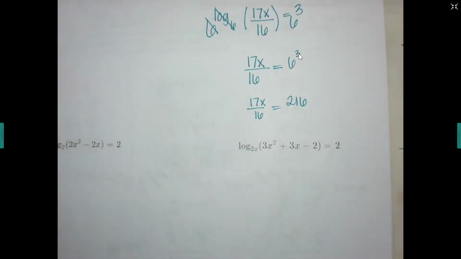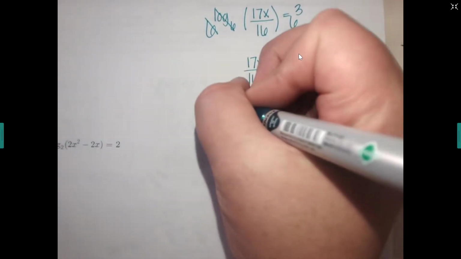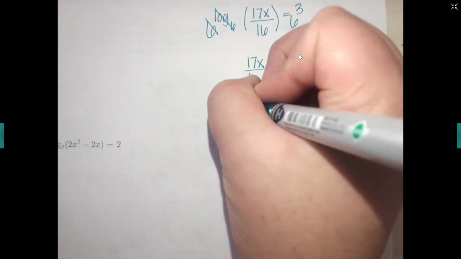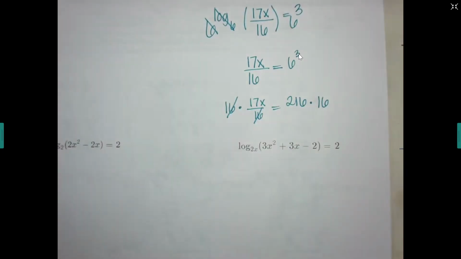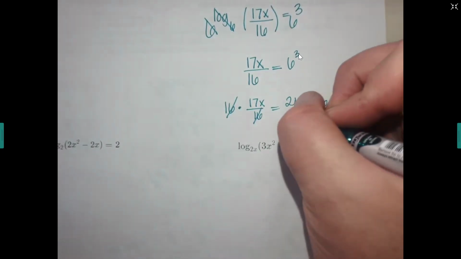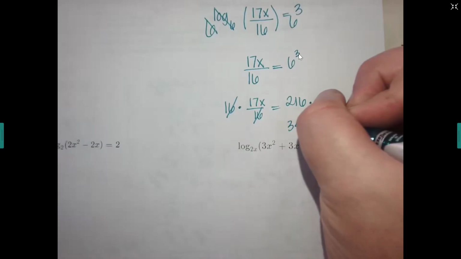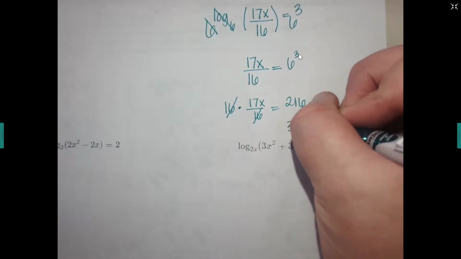Okay, how do I get rid of a divide by 16? Somebody, we're going to need to have a calculator on this. What is 216 times 16? Say it again. 3,456. Thank you.